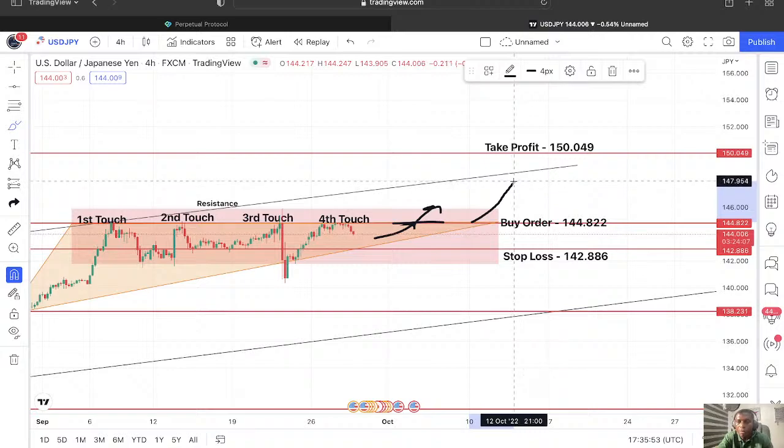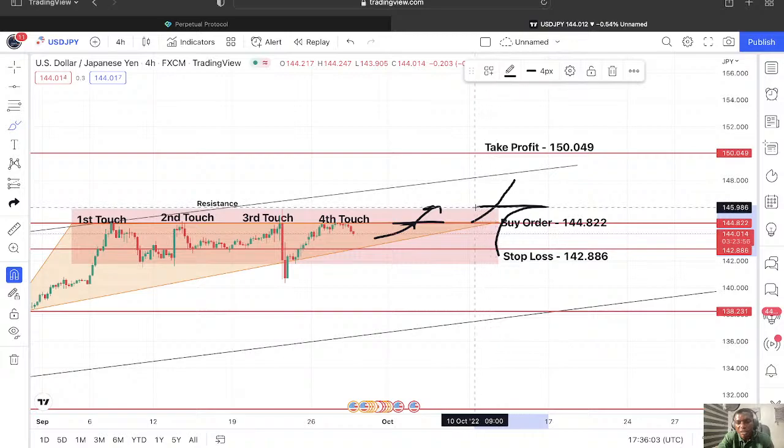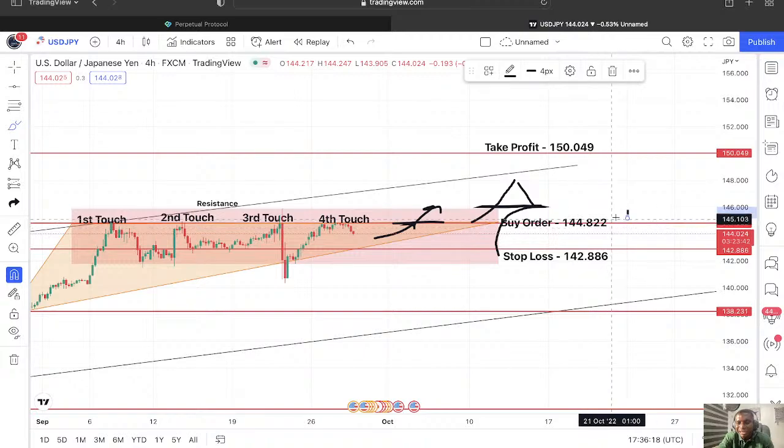and keeps going up, maybe gets here, what do I do? I move my stop loss from here to above my entry. All right, so should price decide to come back, I will be stopped out of the market. However, I would have locked in profit. That is hedging.